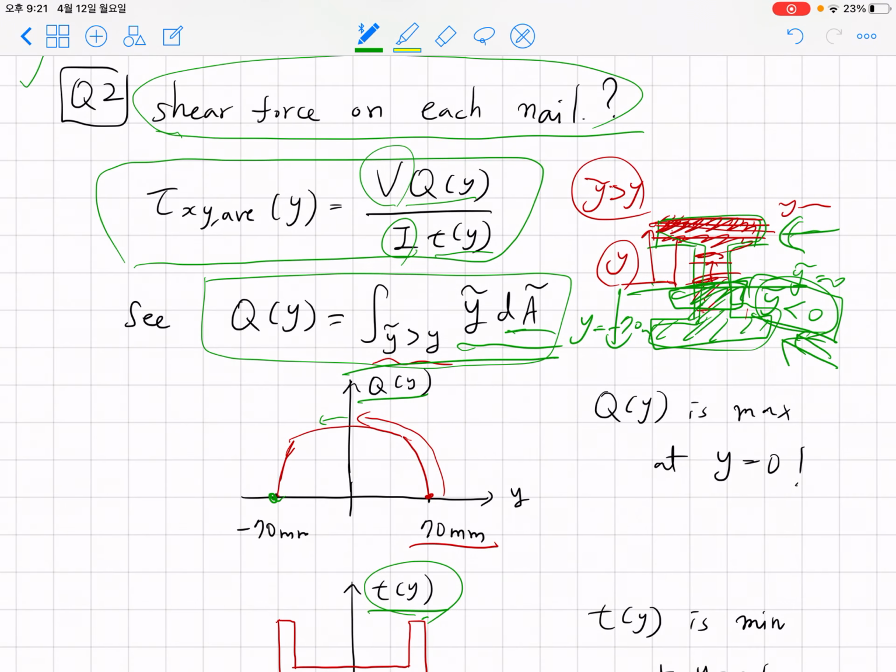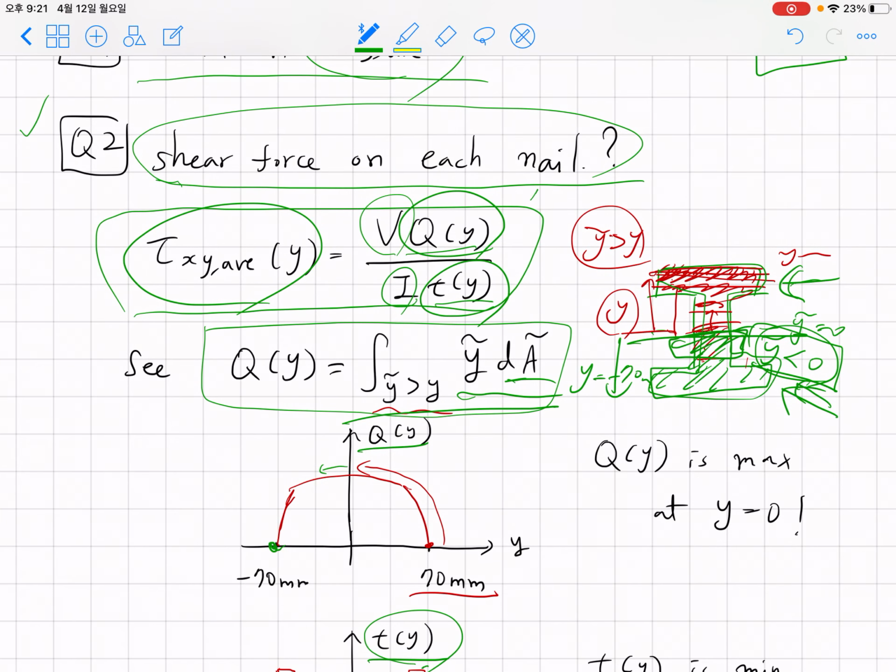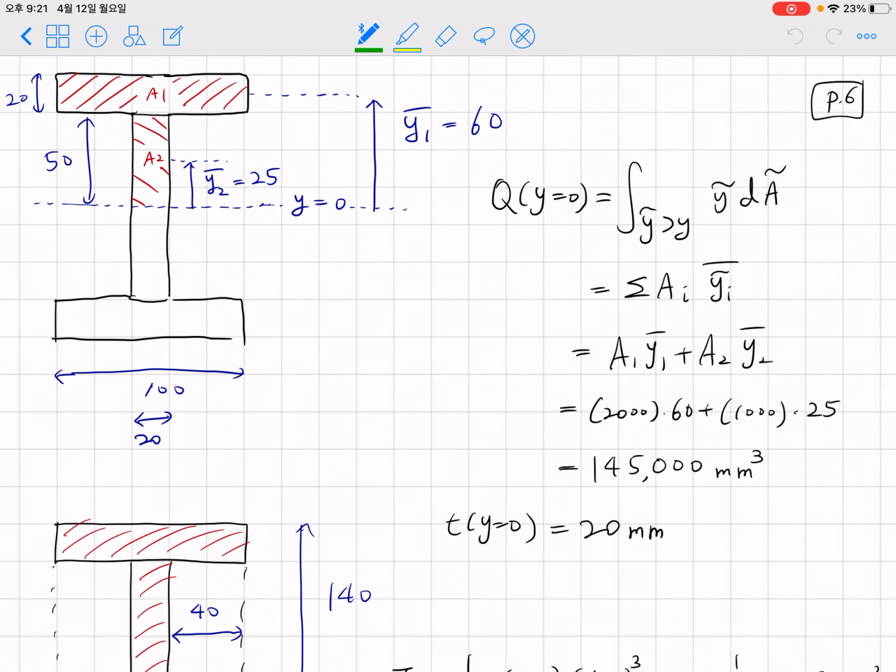So when Q becomes maximum and t becomes minimum, tau would become maximum. So you can expect that tau xy will become maximum at y equals 0. Now you have found the location. After finding the location, you have to obtain each value V, Q, I, t at the y equals 0 position. So let's try to do that.